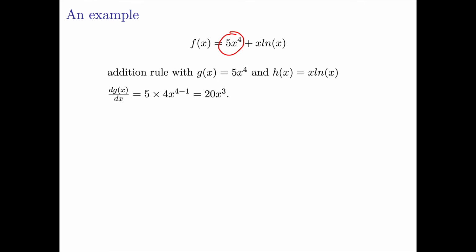So this is of the form a x to the b. So remember, the derivative of that is a times b x to the b minus 1. Here a is 5, b is 4, so we've got 5 times 4, a times b, times x to the 4 minus 1. That's 3. So we've got 20 x cubed.